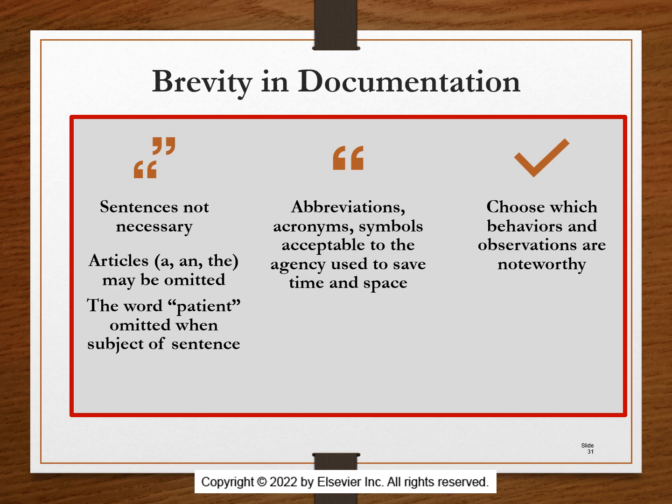Brevity. Sometimes certain abbreviations or symbols are acceptable at the particular facility you're working in, so you can use those. Always make sure that it's as brief as possible, but complete, that you have the whole story.